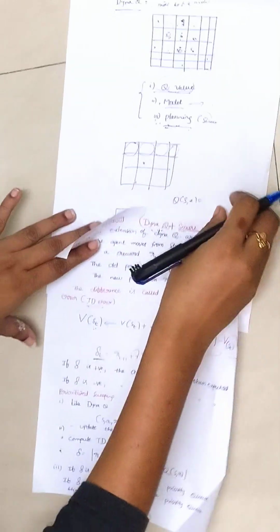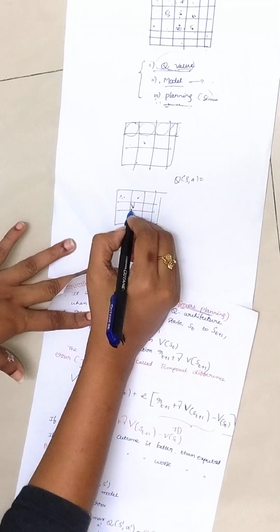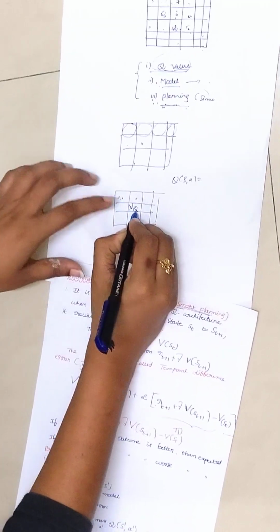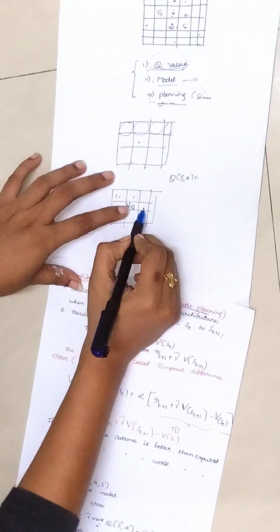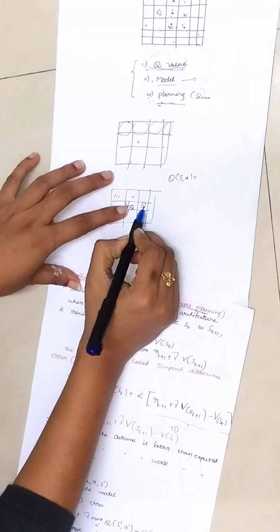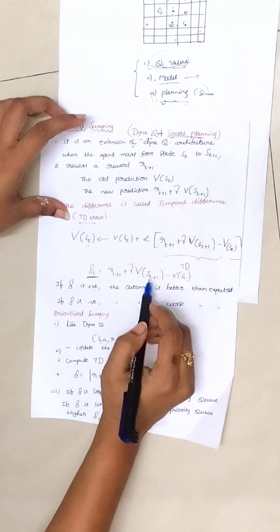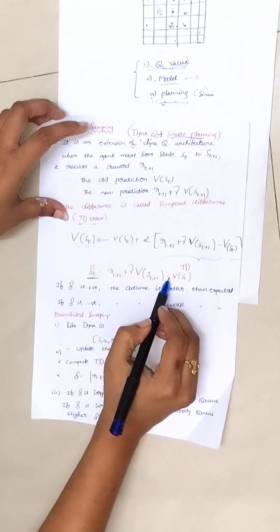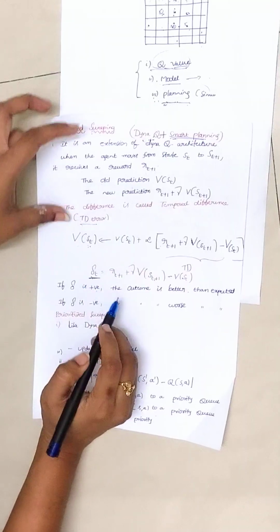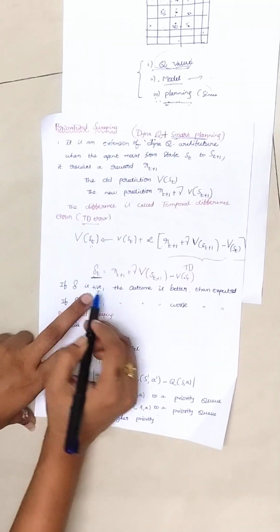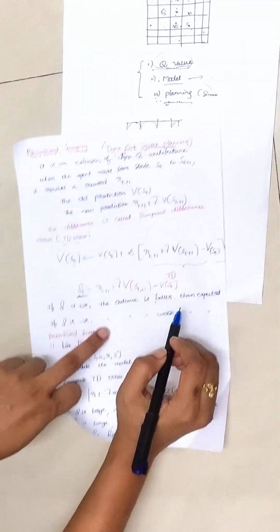Suppose the agent is here, and I am calculating the value function, the Q value, of this state. I compare it with what I predict might be the Q value in the next state. This is the predicted, this is the actual. I subtract those values, next state predicted minus the current Q value, and that is delta T. If it is positive, it means the outcome is better. How is the outcome better?